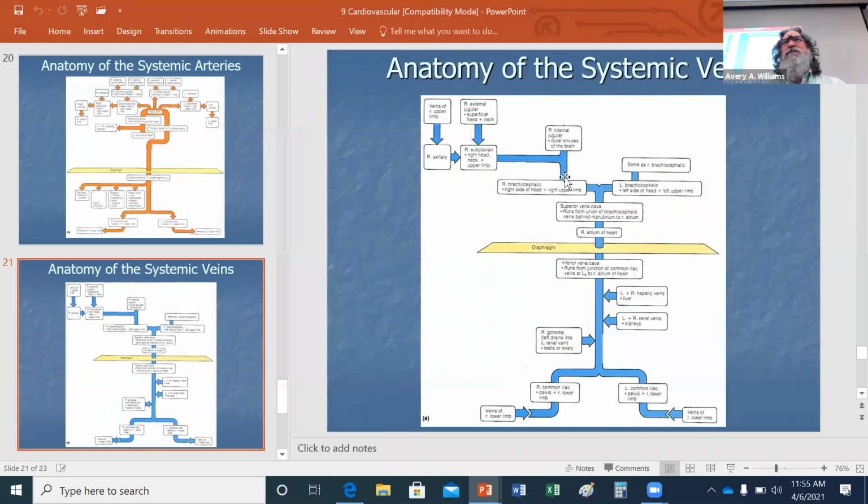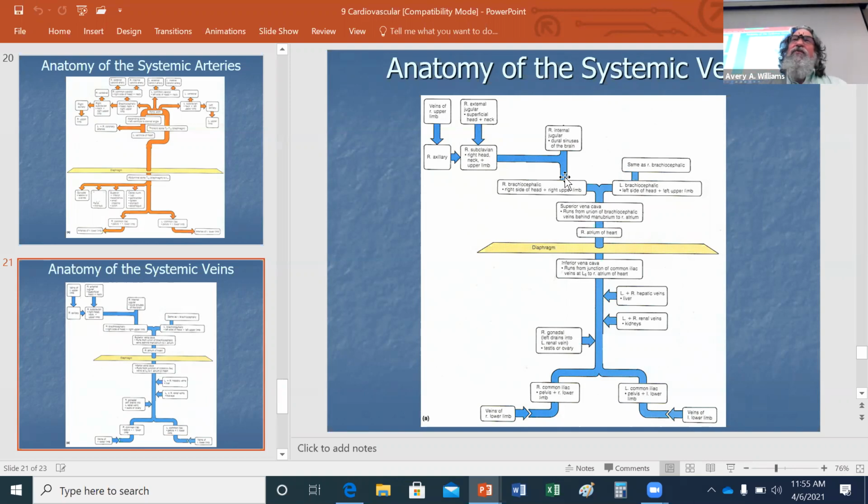Now, maybe there's another one. Remember the right and left gonadal veins are a little bit different. Remember that? So the right, let's see, how can I say this? Remember the right ovarian vein drains into what?